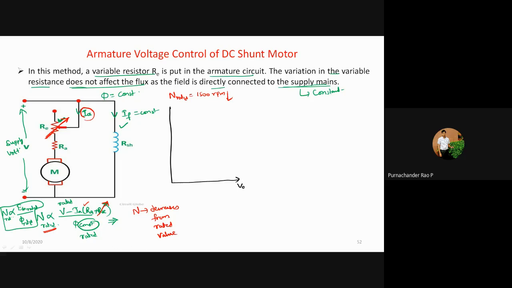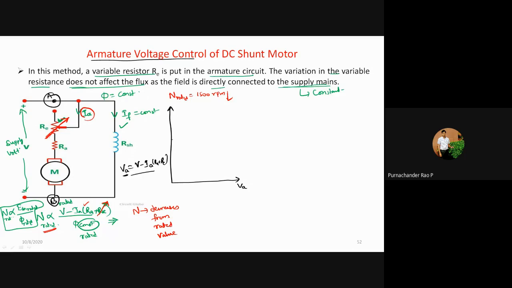This is your VA. VA is nothing but your applied voltage V minus IA into RA plus RE. This is your armature voltage. That's why this is called the armature voltage control. So this point A to this B, this is called the armature circuit. So the voltage across the armature is measured like this.